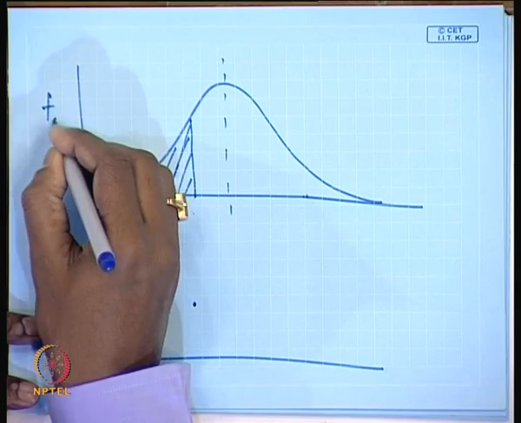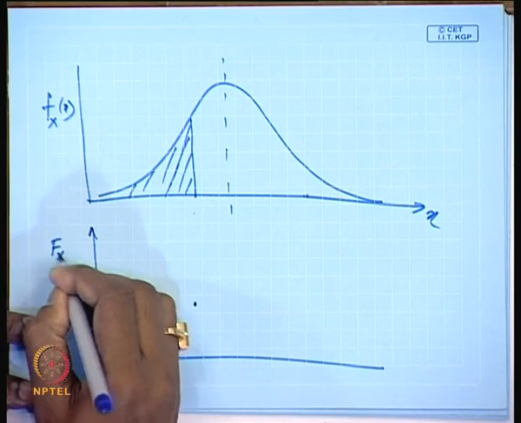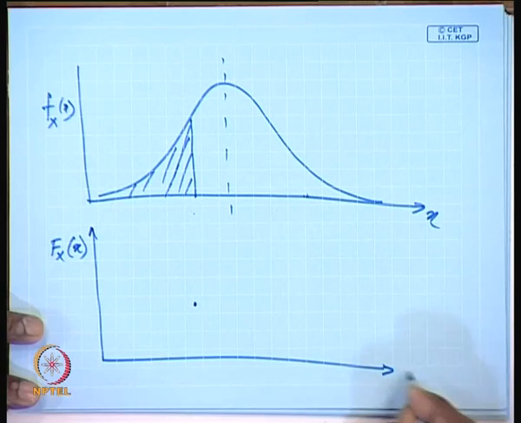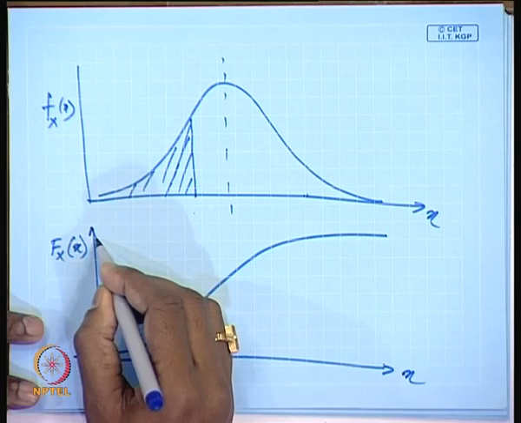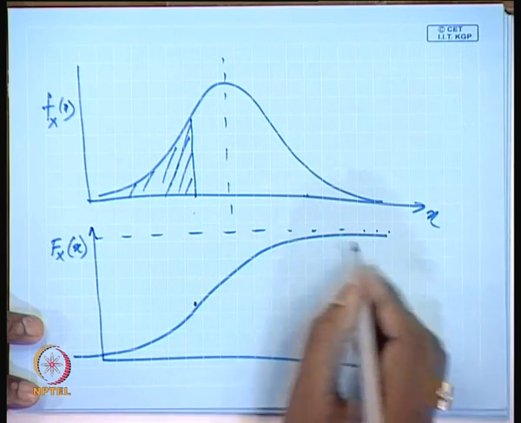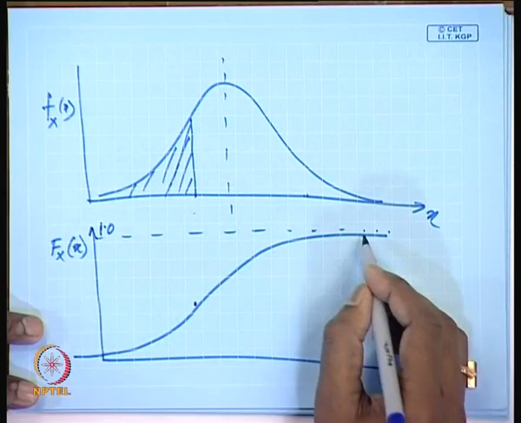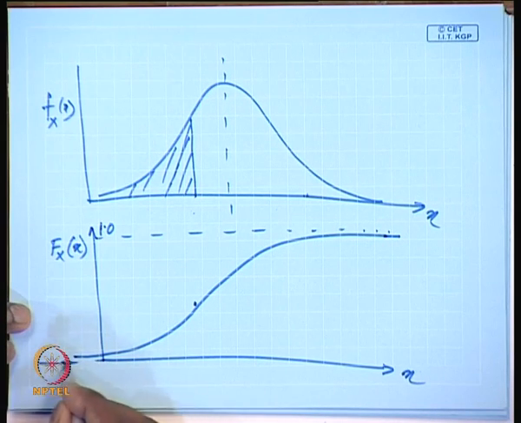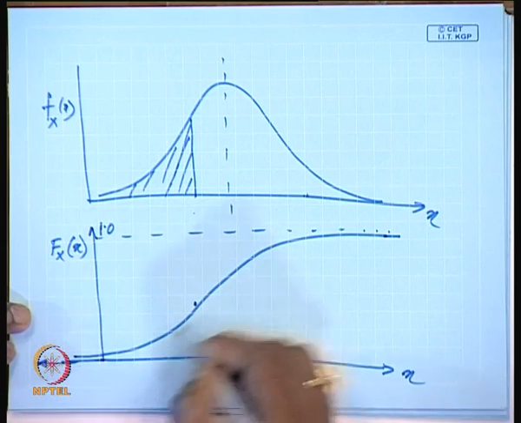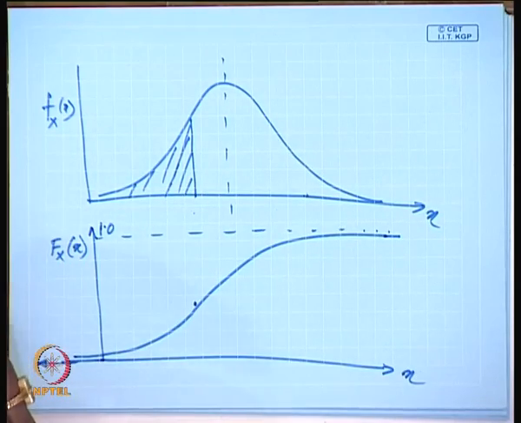This is your PDF, and this is your CDF, which touches 1 at +infinity, where it is asymptotic to the line 1, and it is asymptotic to the line 0 at -infinity. This is how the cumulative distribution looks like, and this is how the PDF looks like for a normal or Gaussian distribution.